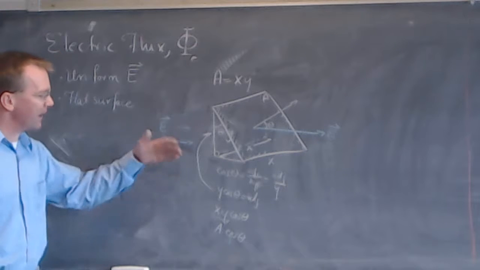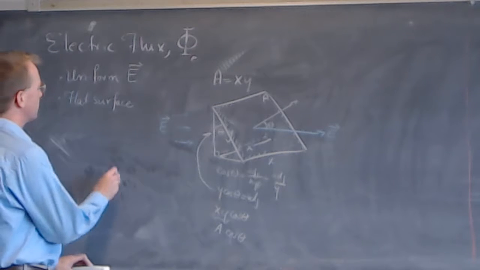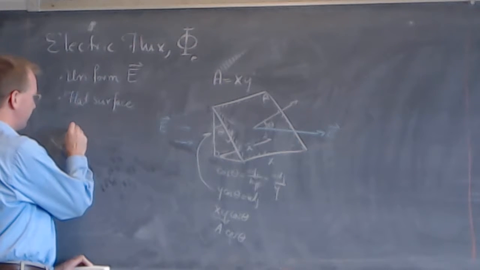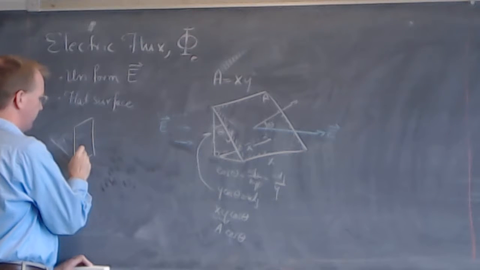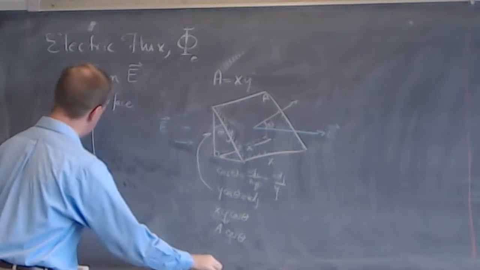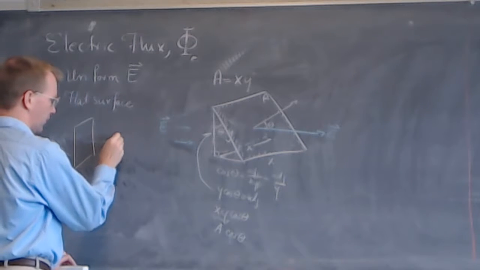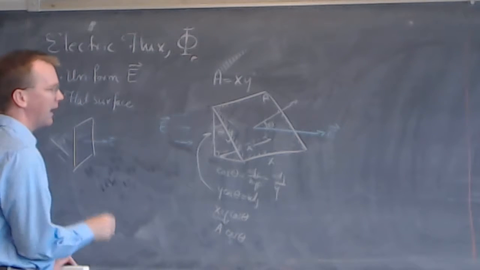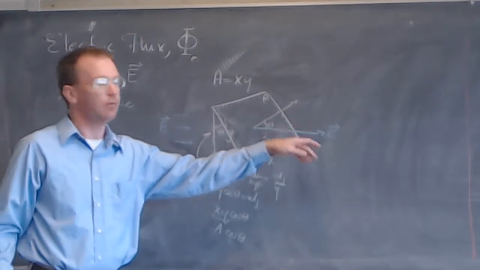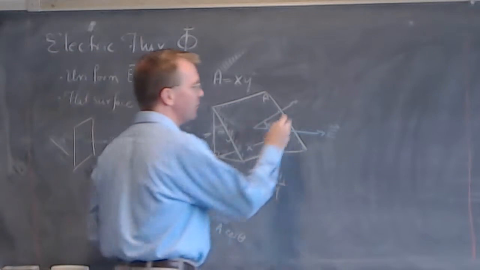Okay, that means that if the surface were hanging vertically, there's the electric field, and I need to name this vector here. Let's call this the area vector.